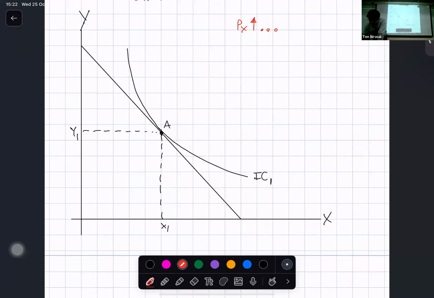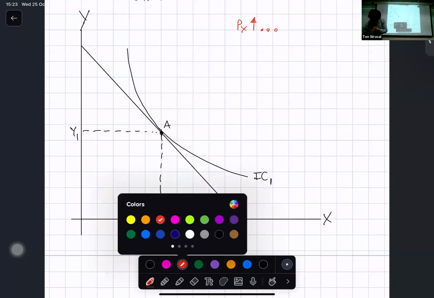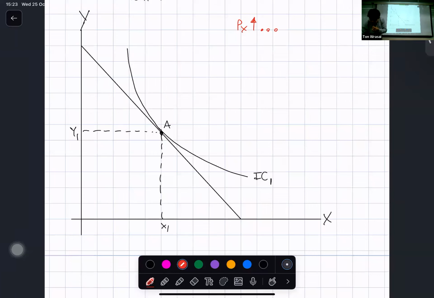Now, the price of pizza goes up. The budget line then rotates inward to become BL2.